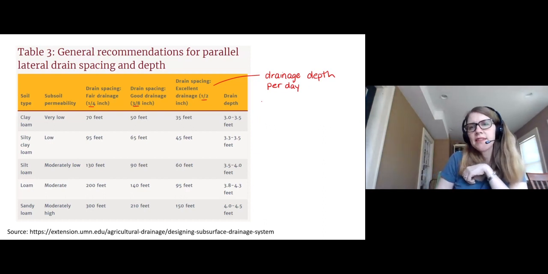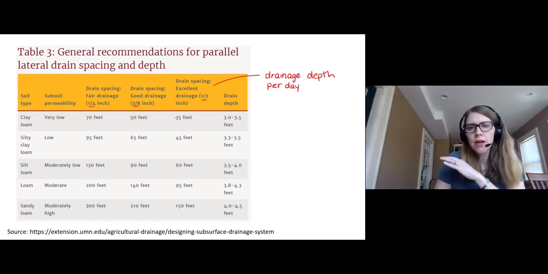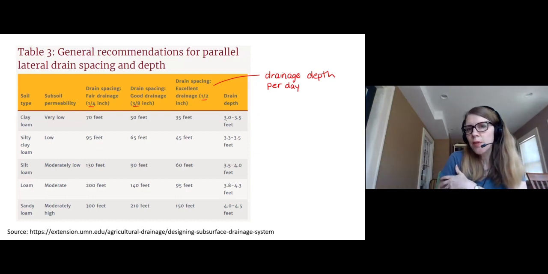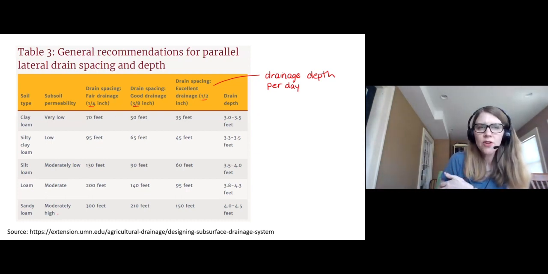But you can see that there are different recommendations for depth and different recommendations for spacing depending on how much drainage you want. So a clay loam, for instance, that drains very slowly, you're going to put that a little bit more shallow and a little bit closer together compared to a sandy loam that has pretty good drainage.